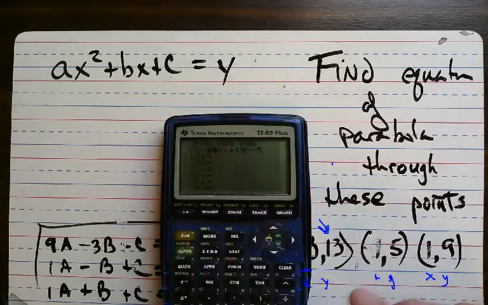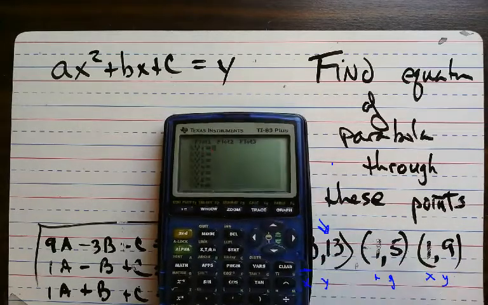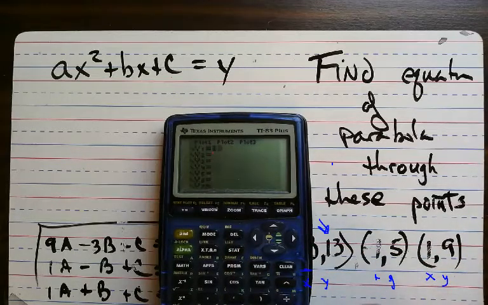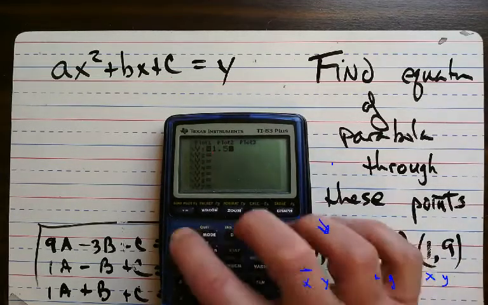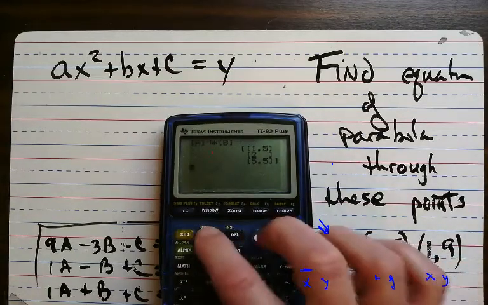So if I make my equation, I've got to clear that out. Oh yeah, 1.5, I forgot my answers. 1.5, 2 and 5.5.